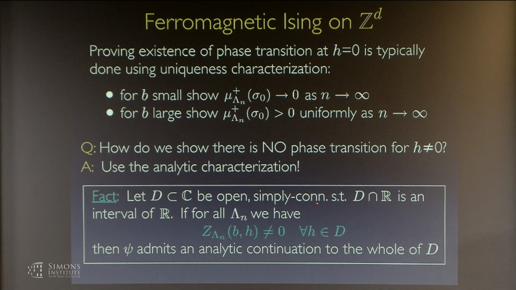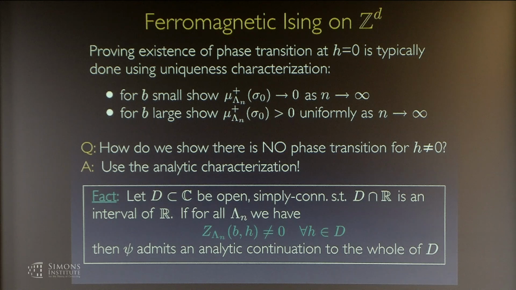So to show there's no phase transition for h non-zero, we have to show that this function psi is differentiable when h is non-zero. Now, this is a famous Lee-Yang program from the 50s, and first they proved a general fact.